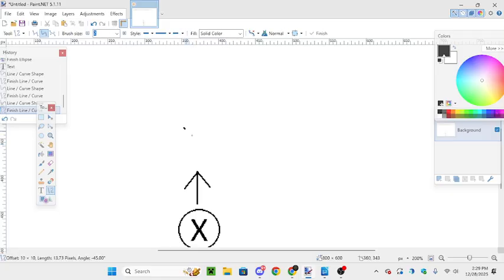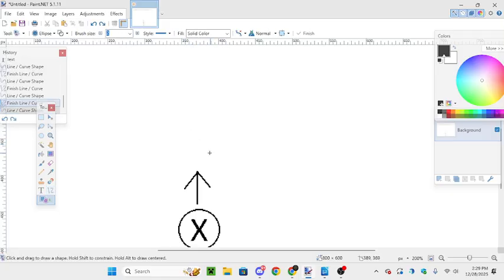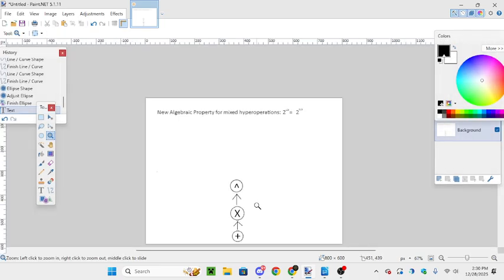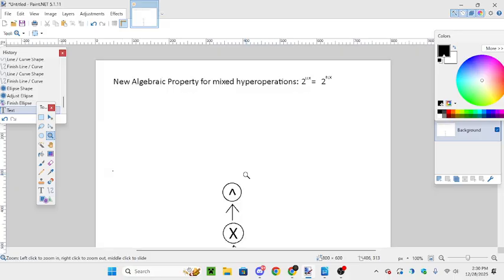Now, you can iterate exponentiation to get larger hyperoperations, but it very quickly becomes useless for multiple reasons.